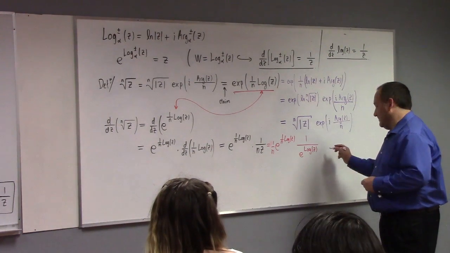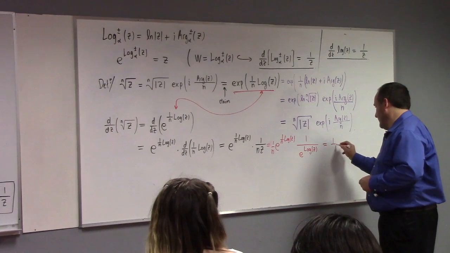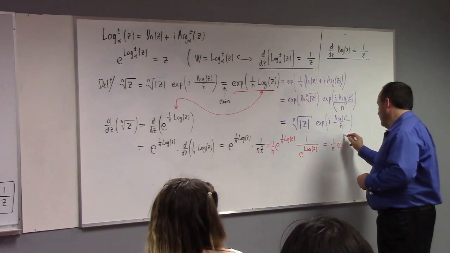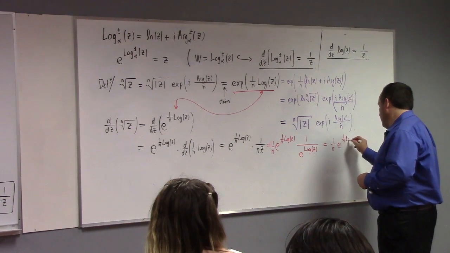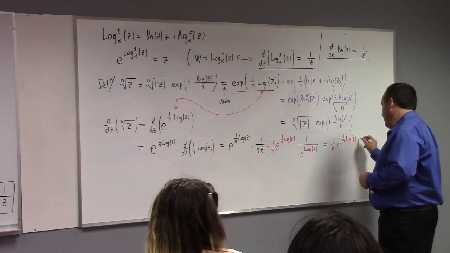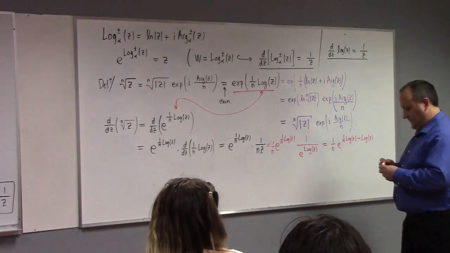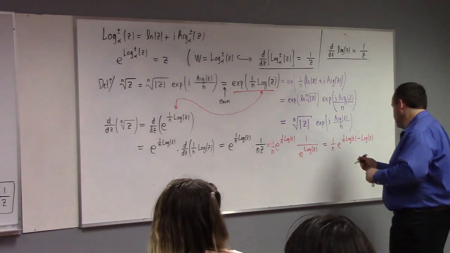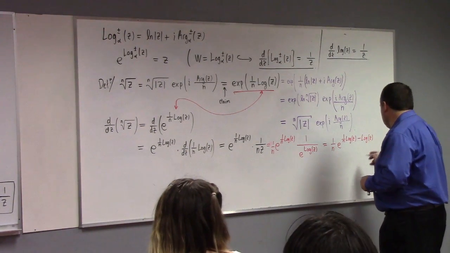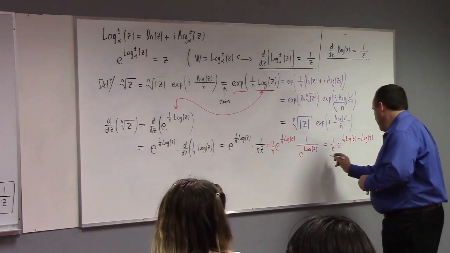And then this is 1 over n times e to the (1/n) log z minus log z. And then factor it out.